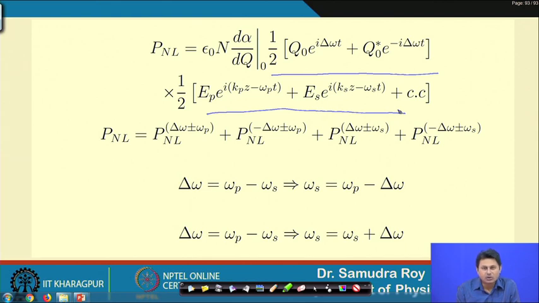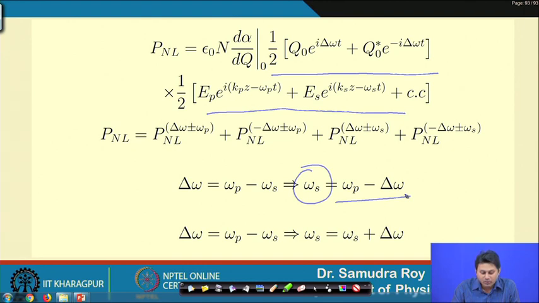We are not interested in all the frequencies, but certain frequencies are important in our case, and these are the ones which govern the Stokes and anti-Stokes. Since we are dealing with the Stokes wave, the frequency containing the source term, the Stokes frequency omega s, will be this. So, this frequency will be the important term in our calculation.